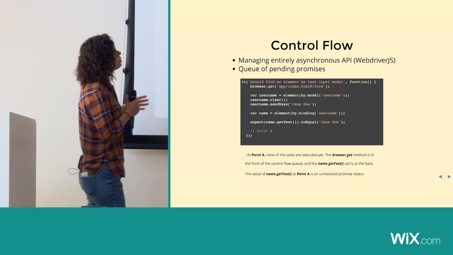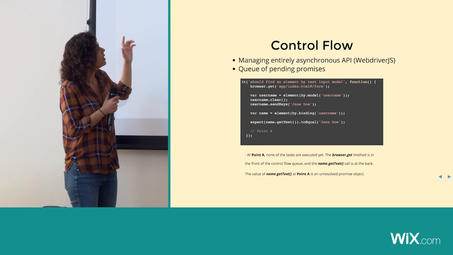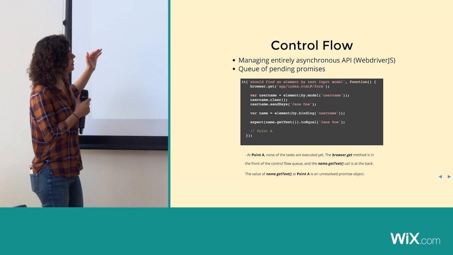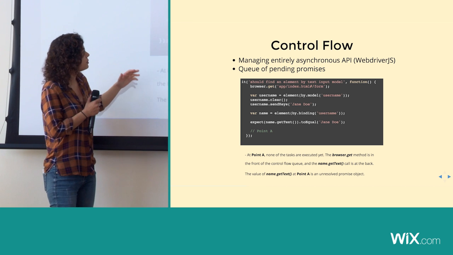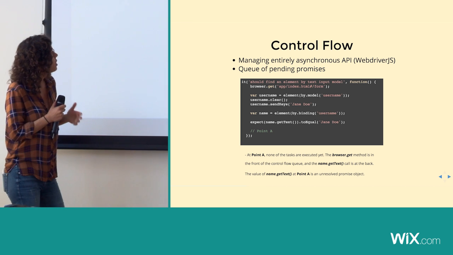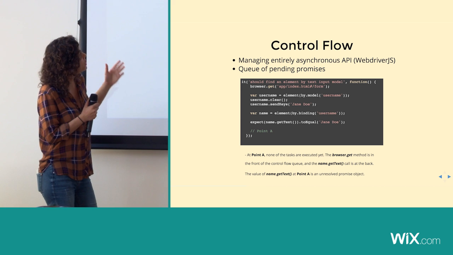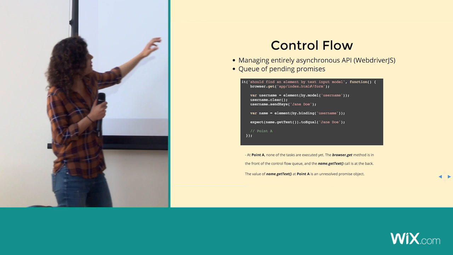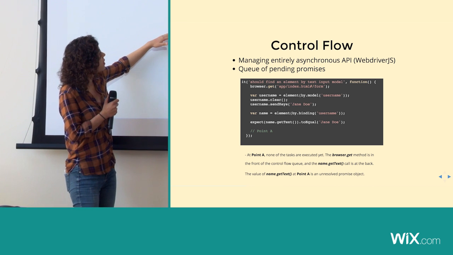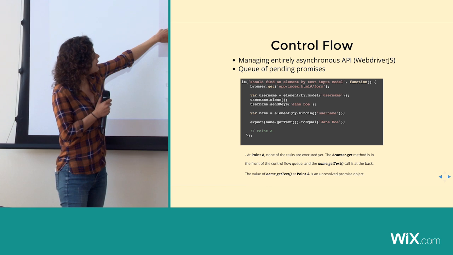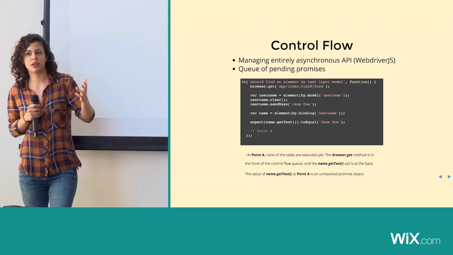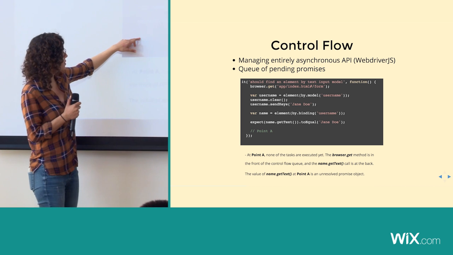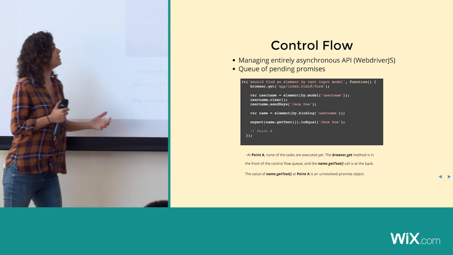In this code, we can see that the first method is navigating to some URL. We have several actions in the page, and last we have some verification on some element on the page. So at that point A, none of these actions was executed.